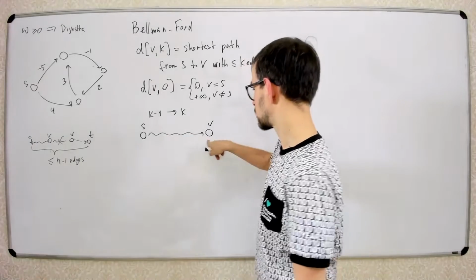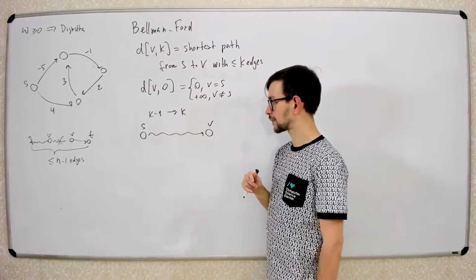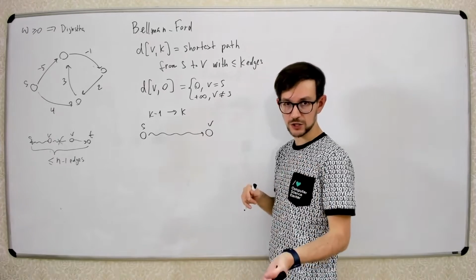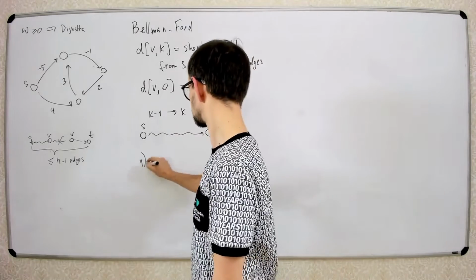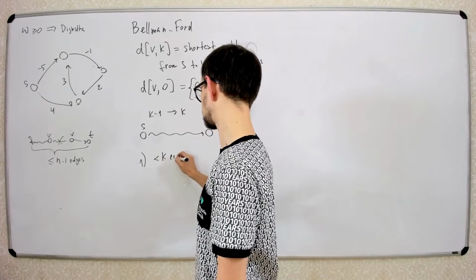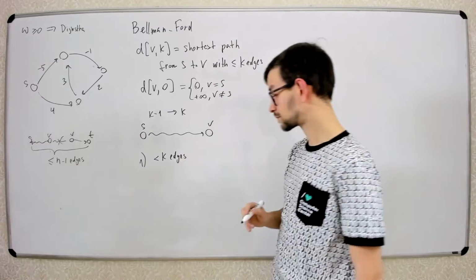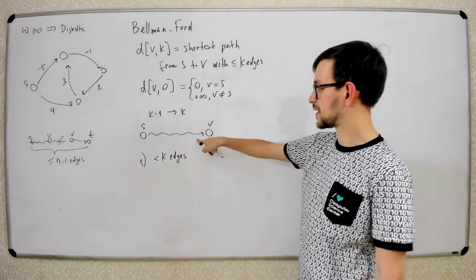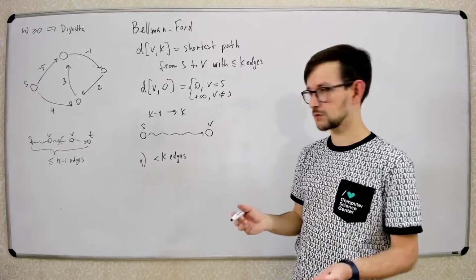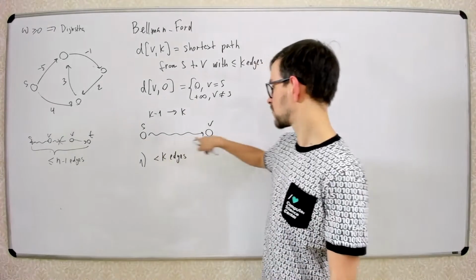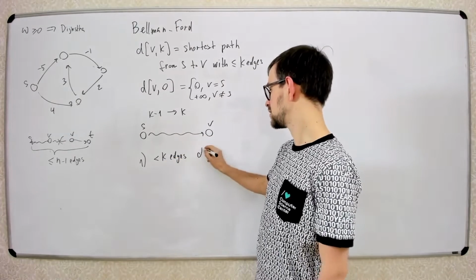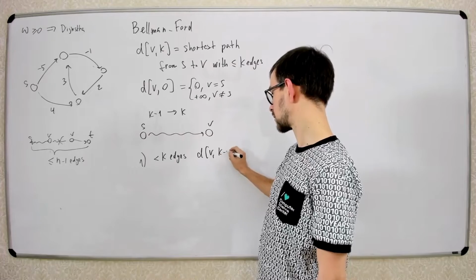So let's look at this path. If this path contains less than k edges, then it actually contains no more than k minus 1 edges. So the shortest path from S to V, which contains less than k edges, is actually d[v][k minus 1]. Right?